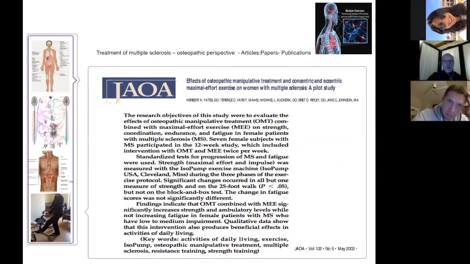Michael Shakura and his colleagues also started looking at the dynamics of exercise, and particularly how, when you use this modality of maximal effort within exercise, you can facilitate motor strength and create a resistance training and strength training mechanism to facilitate muscular strengthening over time.